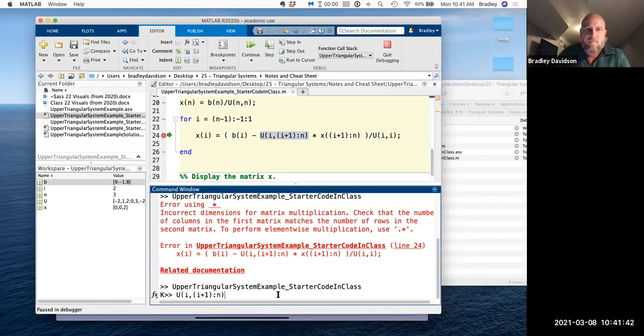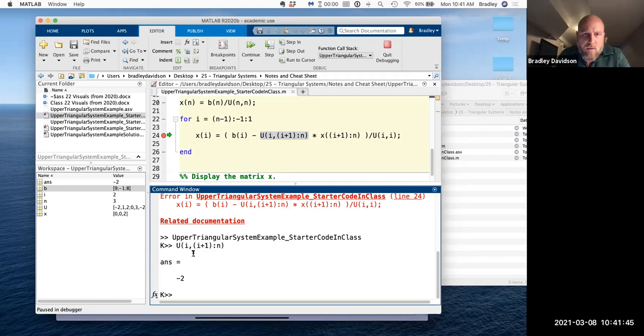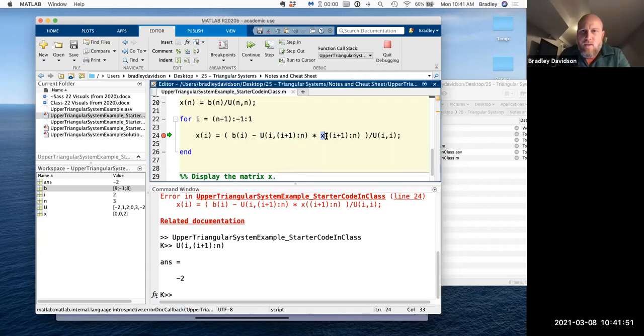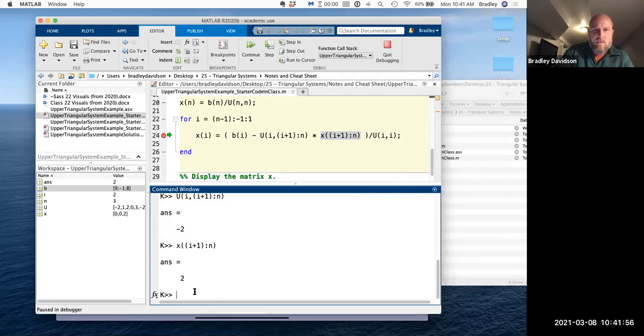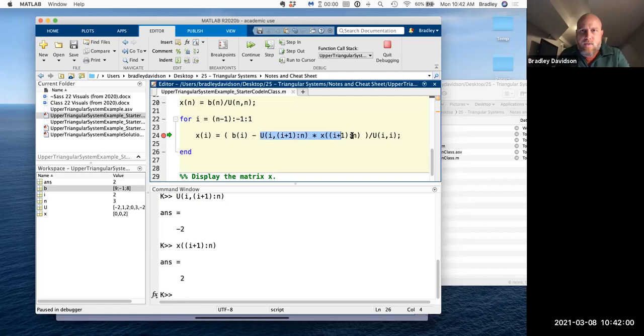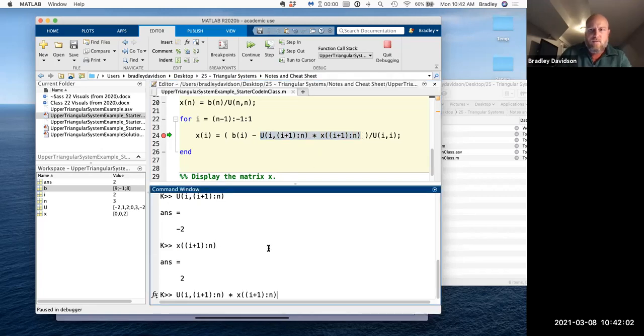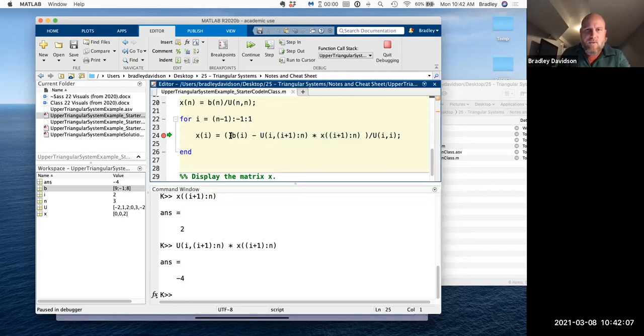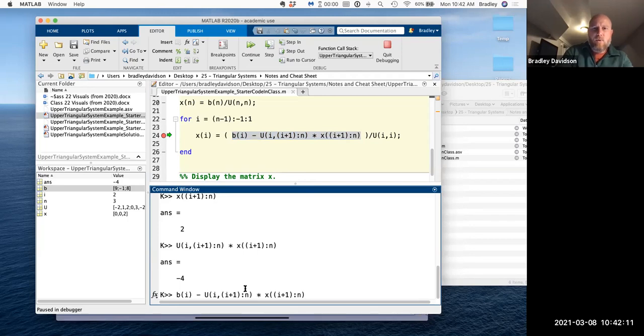So ui, i plus 1 to n is -2, and then xi, i plus 1 to n is 2. So let's work that out. That's -4. Seems like that should work. So I'm just going through and testing each of my parts because I'm actually not sure what I've done wrong.